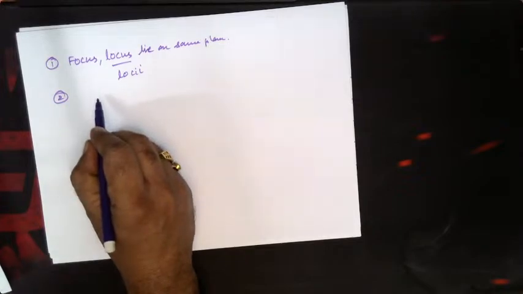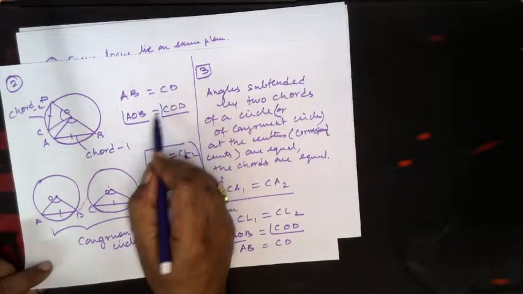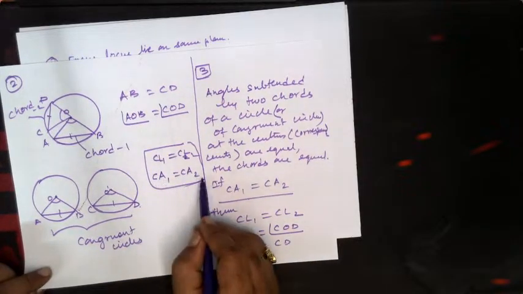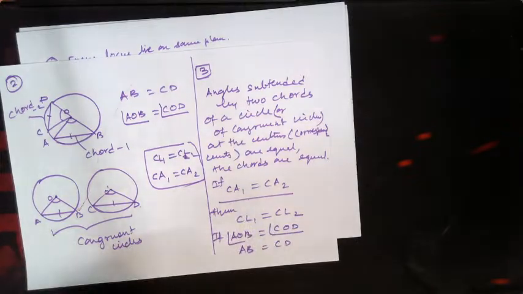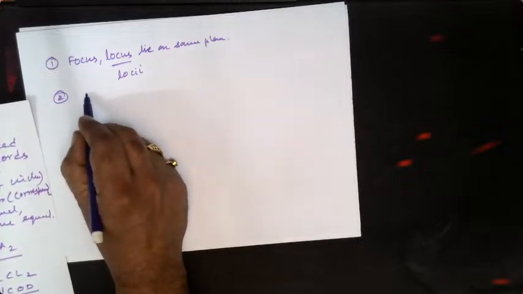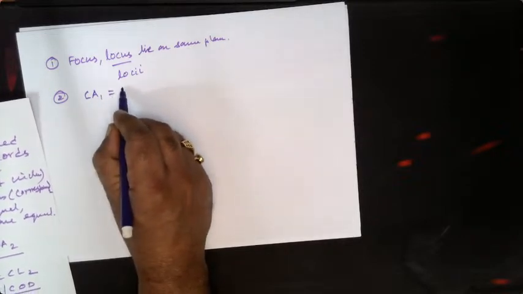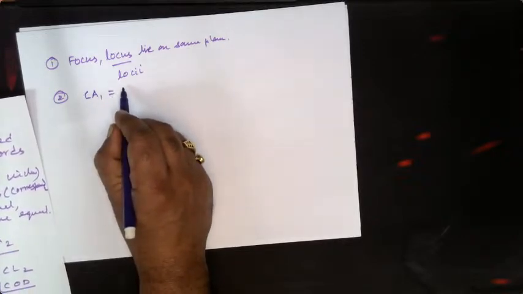Here AB is equal to CD means the angles should be equal. Center angle CA1 is equal to CA2, that is, chord length CL1 is equal to chord length CL2. Then the center angles should be equal. This is the easy way you can understand.